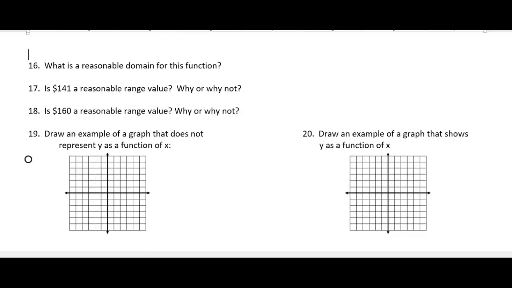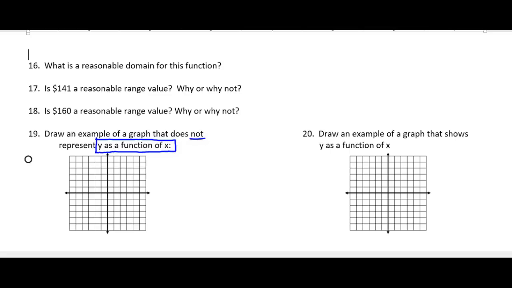Our last two here, number 19 and 20. 19 says to draw an example of a graph that does not represent y as a function of x. Again, we see this terminology, y as a function of x. That just means that it's a function. y depends on x. So, if it does not represent a function, then it cannot pass the vertical line test, which means it's got to kind of loop back over itself.